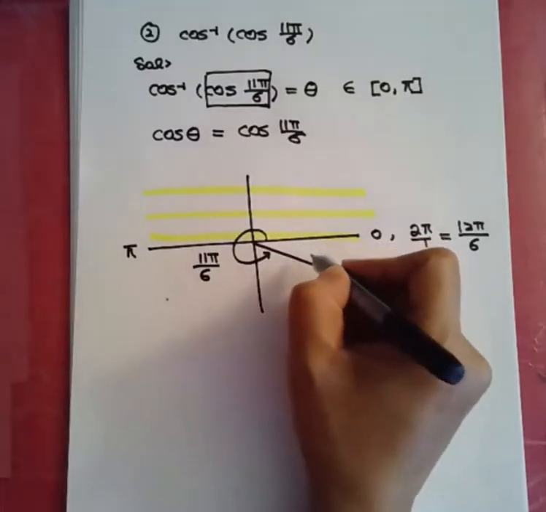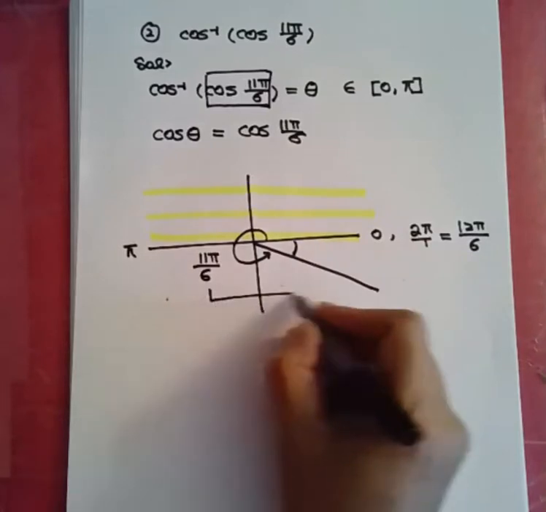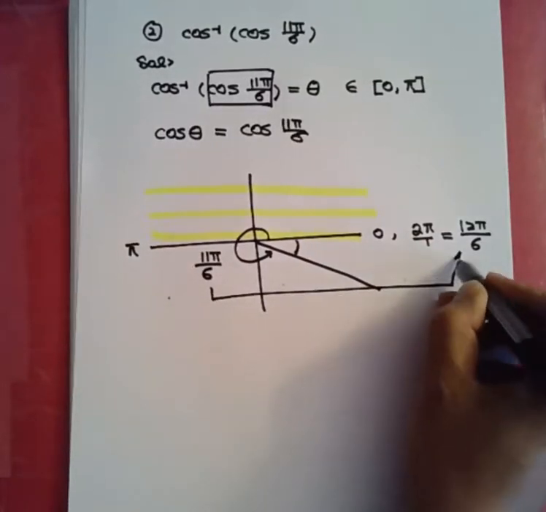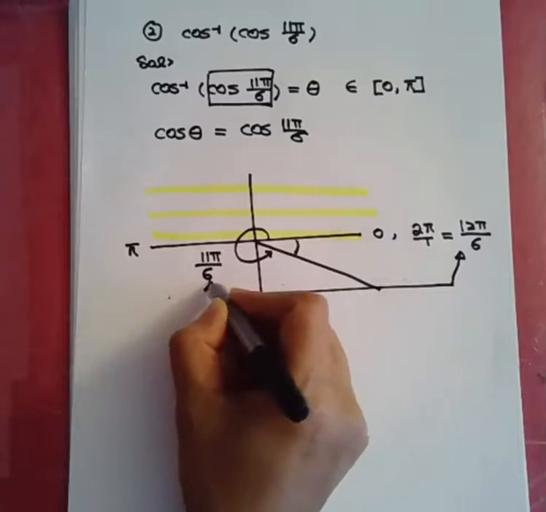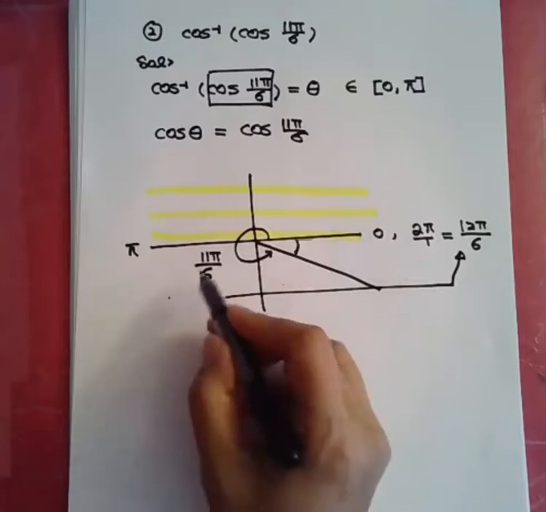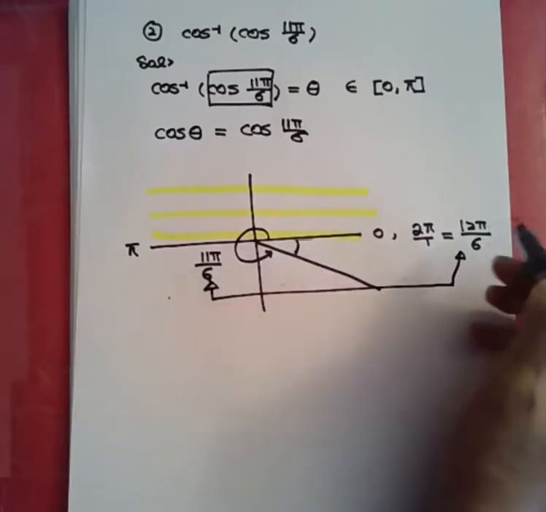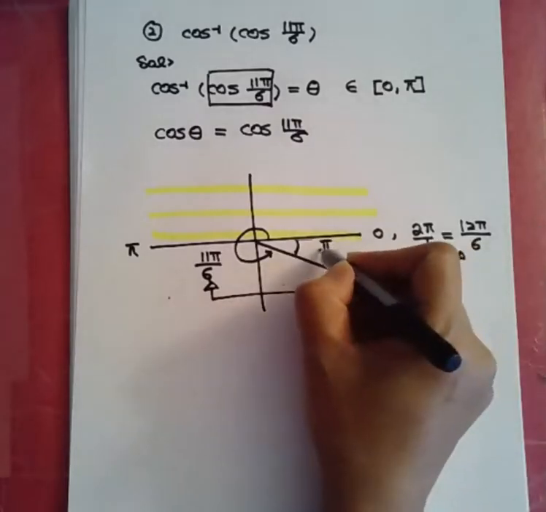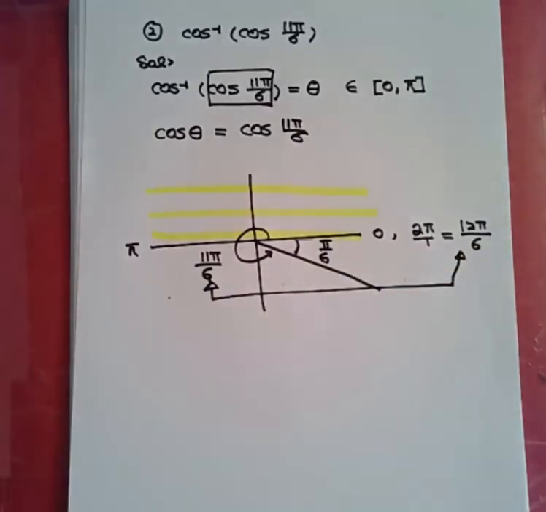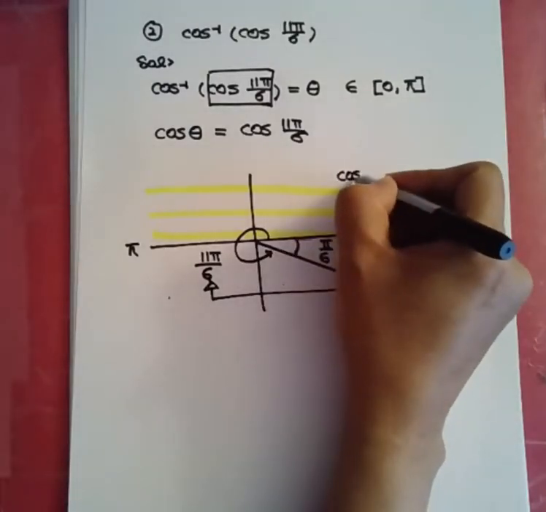Let's calculate the reference angle. The reference angle can be calculated by comparing this angle and the closest x-axis. The difference between 11 pi and 12 pi is pi, so the reference angle is pi over 6. And then we have to consider the sign of cosine.